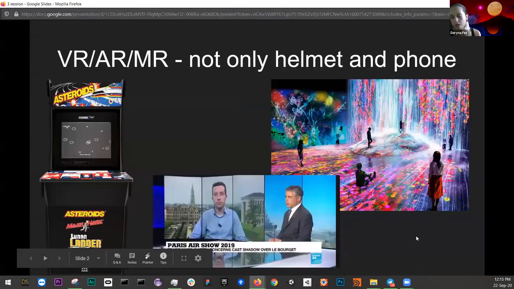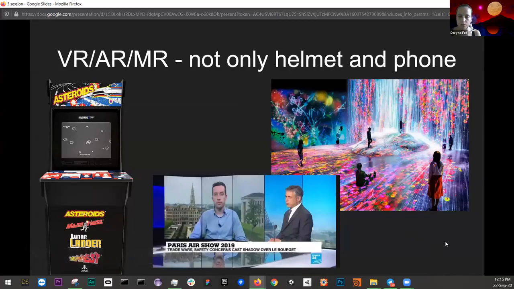So today we will talk again about performative arts in virtual and augmented realities, but I want to talk about XR not only like helmet or phone, the traditional meaning of VR and AR, because, as was already said today, these terms can be understood more widely.